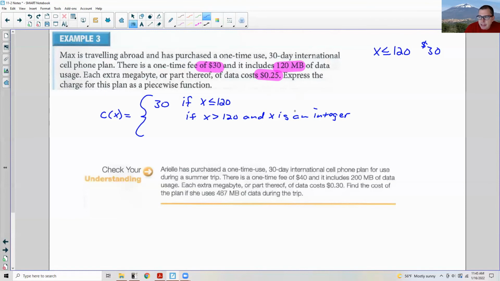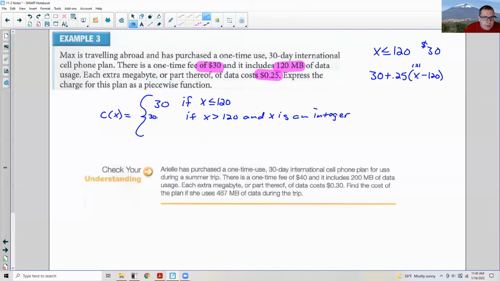So in order to calculate that, we're going to take the initial cost, $30, plus 25 cents times anything over 120, so X minus 120. So if X was 121, for instance, 121 minus 120 is 1. It'd be 30 plus 25 cents times that 1 over 120. And that's where this X minus 120 comes from. Okay, so that's what we're going to put here.